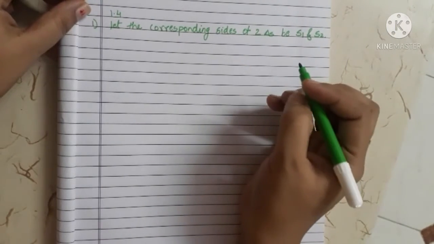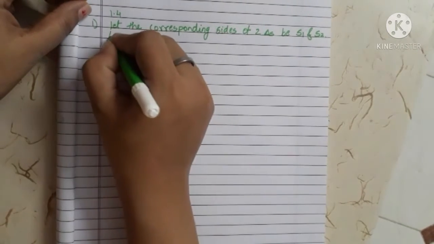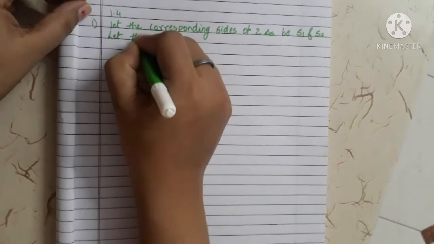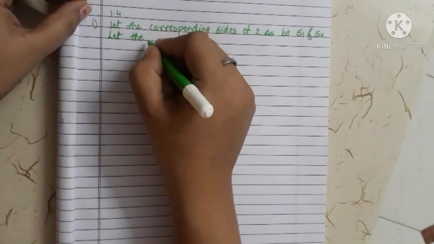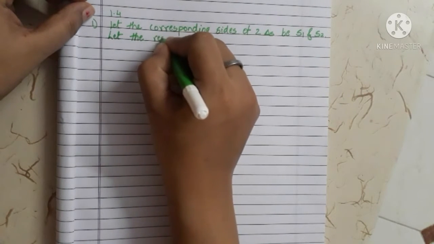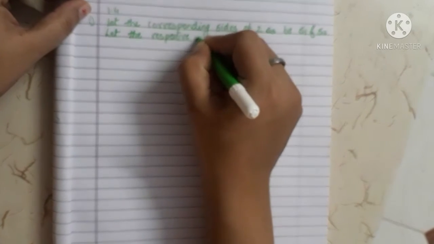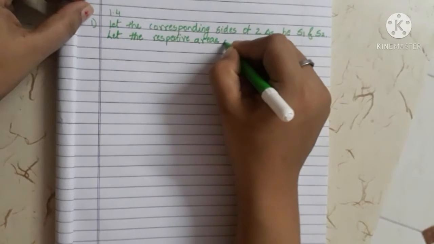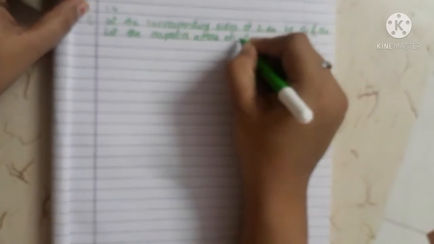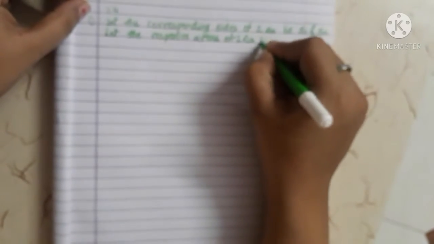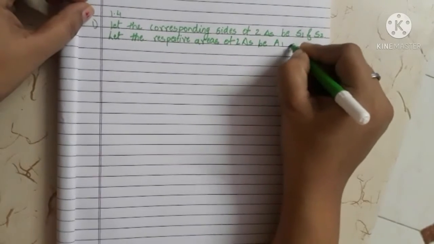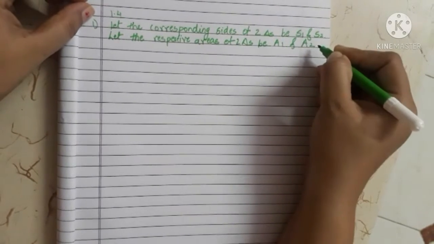Okay, and let the respective areas of the two triangles be A1 and A2.